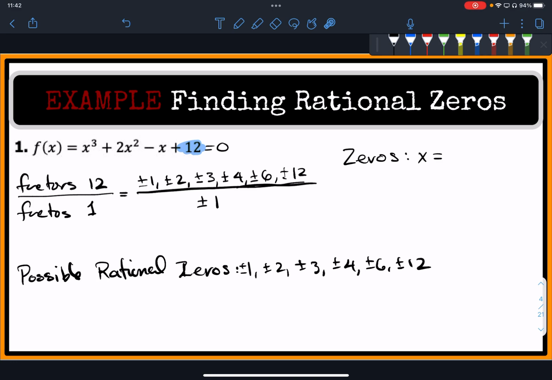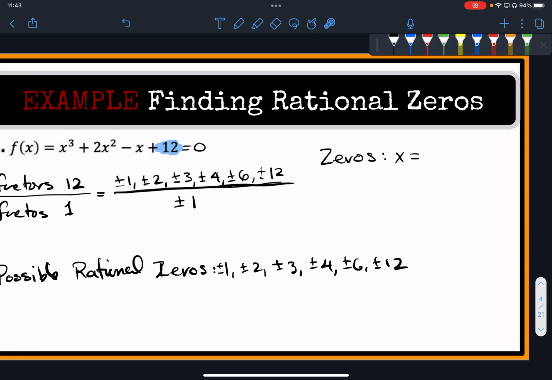They could be all the same number, all positive 1, all negative 1, or all positive 2, or a combination of any of these 12 numbers. So this is how we get this list of possible rational zeros.